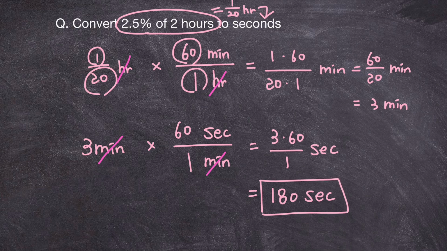We can say there are 180 seconds in 2.5% of 2 hours, which is equal to 1 over 20 hours. So this is how you would solve hour to minute to seconds conversion, and we also reviewed percent conversion.